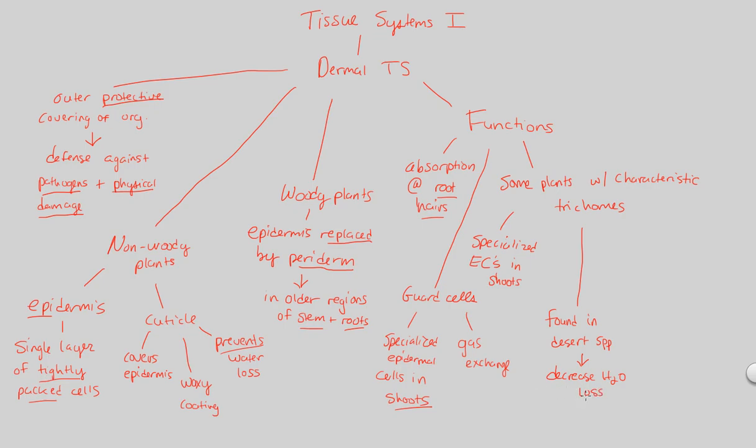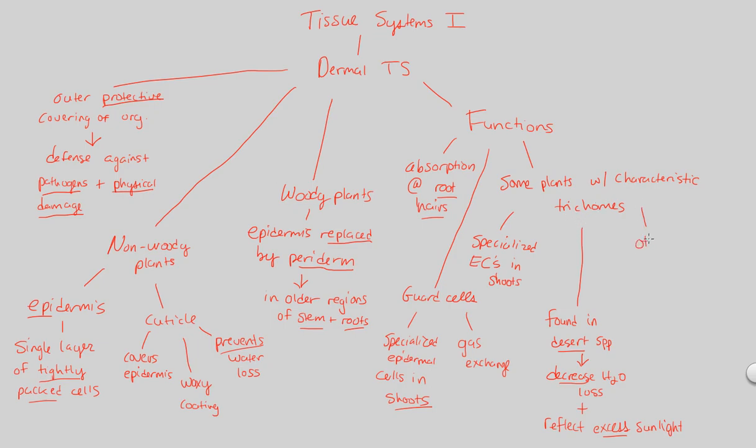And there's another thing that's important with these desert species that have trichomes as part of their dermal tissue, and that's the fact that trichomes are very good at reflecting sunlight. Specifically, I want to say excess sunlight, because sunlight is good, but in excess, it'll dry out the plant. So if you reflect the excess and decrease your water loss and you're a desert species, you're probably using a trichome, which is a type of dermal tissue that's very specialized epidermal cells.